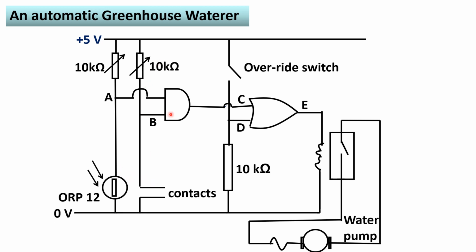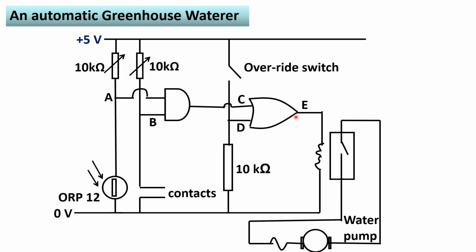And so with the switch for the contacts, there is a resistor that acts as a safety precaution. The inputs to the AND gate: input A is connected to this LDR, while the other input for the AND gate is the one connected to the contacts.